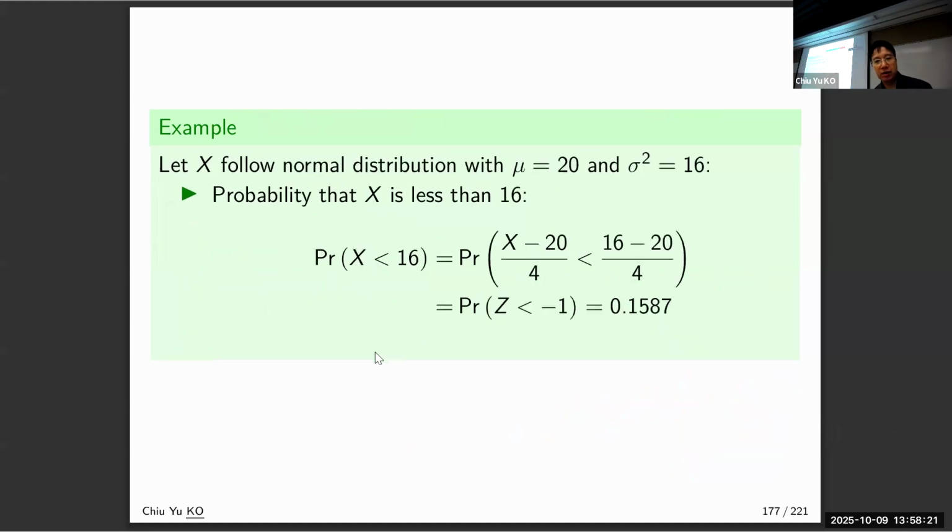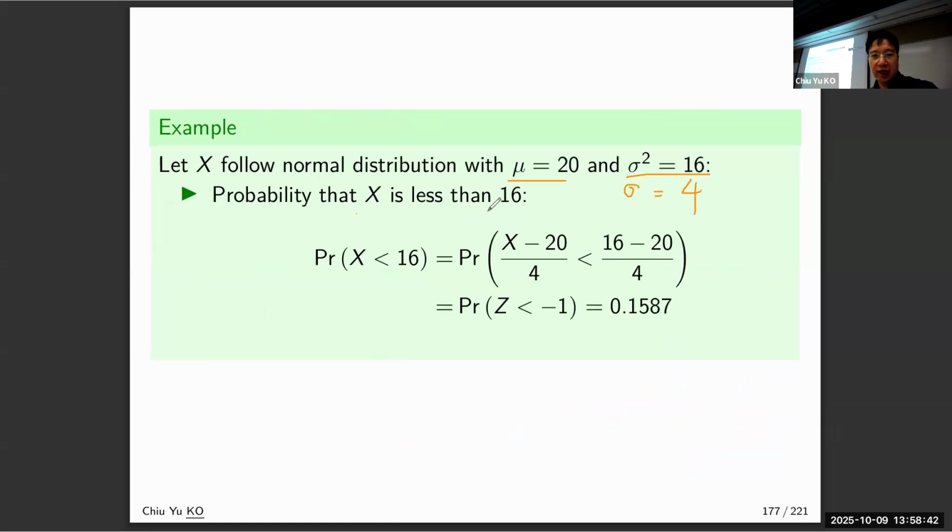So the next would be, if we are not starting from the Z, which is unlikely the case, we're starting from the normal, then how can we start? You know the mean is 20, the standard deviation is 4.